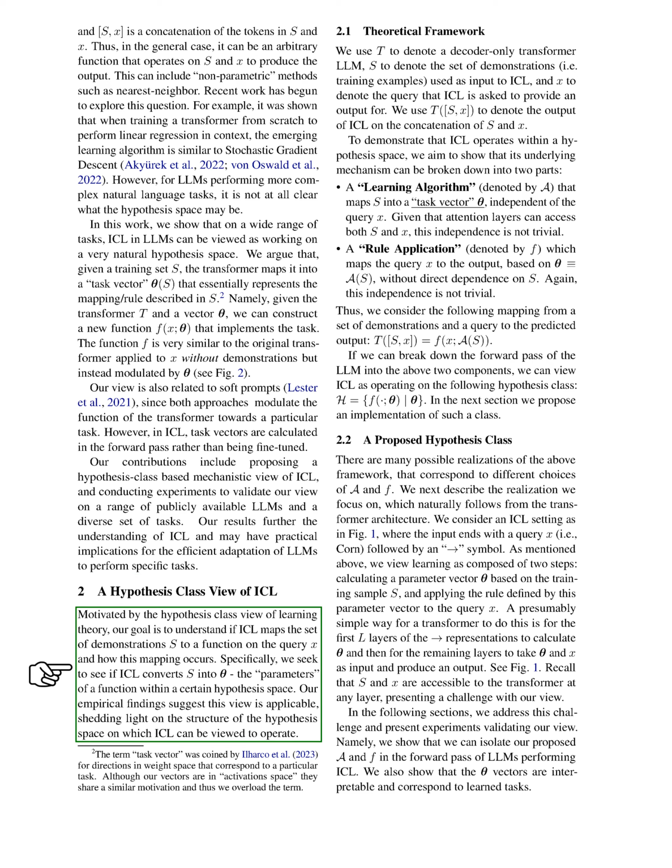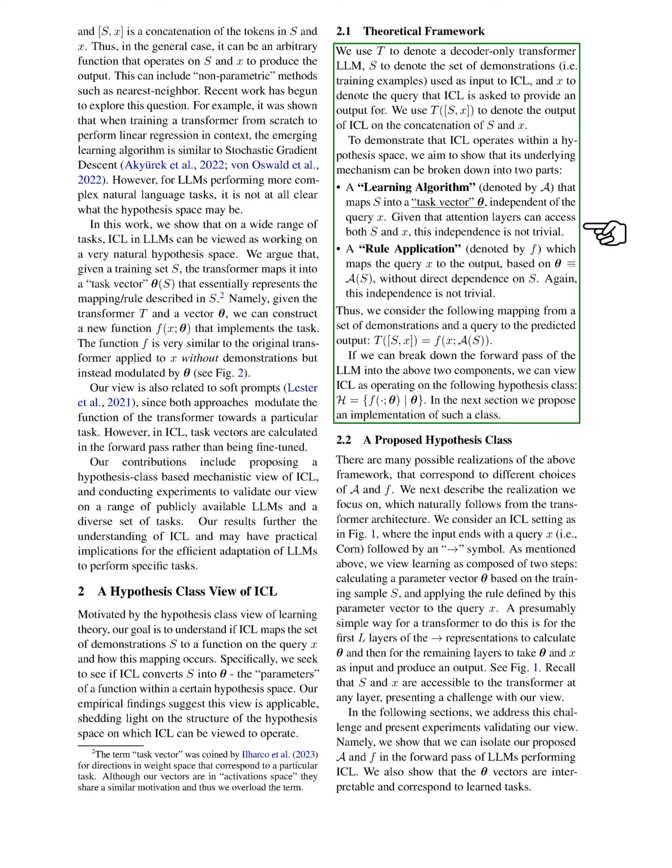We're motivated by the hypothesis class view of learning theory, and our goal is to understand if ICL maps the set of examples to a function on the question and how this mapping occurs. Specifically, we want to see if ICL converts the examples into the parameters of a function within a certain hypothesis space. Our empirical findings suggest this view is applicable, shedding light on the structure of the hypothesis space on which ICL can be viewed to operate.